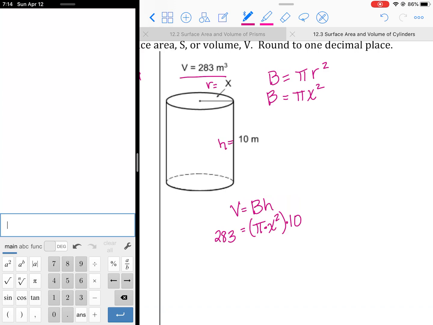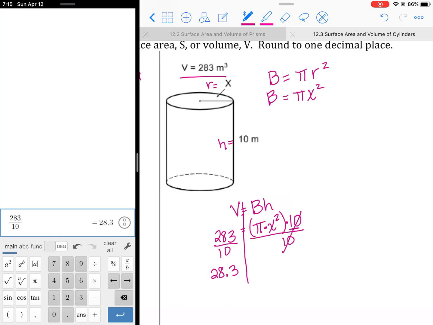So I just need to peel these pieces away from the outside in. The first thing I'm going to do is get rid of this times 10 by dividing by 10. The opposite of multiplying by 10 is to divide by 10. So I'm going to divide both sides of the equation by 10. That's going to give me 28.3. So 283 divided by 10 is 28.3.